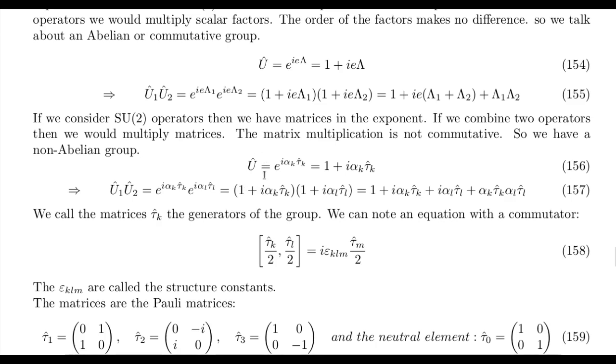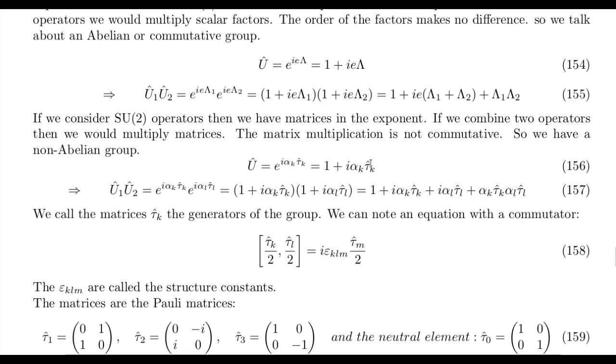Now we have a unitary operator again, and here we have the tau matrices. These are the Pauli matrices that should be known from the elementary lectures in quantum physics. We use the tau matrices to describe, for example, the electron spin.